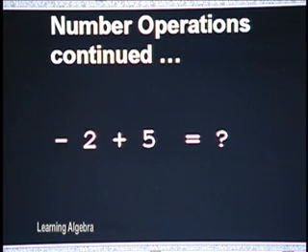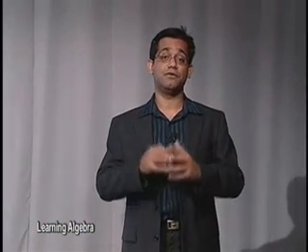So let's take our very basic fundamental example where we are trying to add two numbers. You remember this example, -2 plus 5 equals what, right? And then we said you can say -2 plus 5 equals 5 minus 2, and the answer was 3. But how do we solve this in terms of balance?